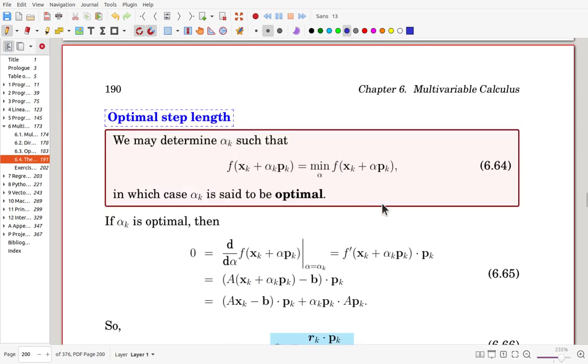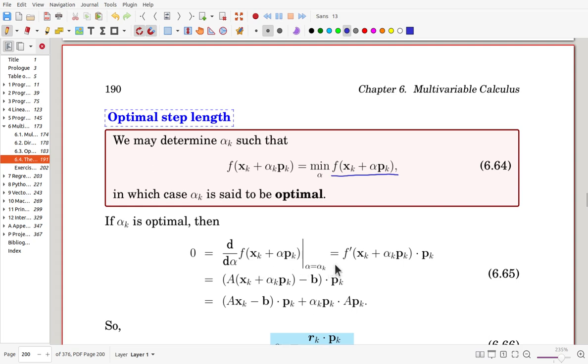Now we have to choose the step length alpha_k. For solving a linear system, usually alpha_k will be chosen from this optimization problem. We try to get alpha_k such that this function has a minimum value. Now, by using calculus, we can decide alpha_k. We see this as a function of alpha, and we differentiate it with respect to alpha.